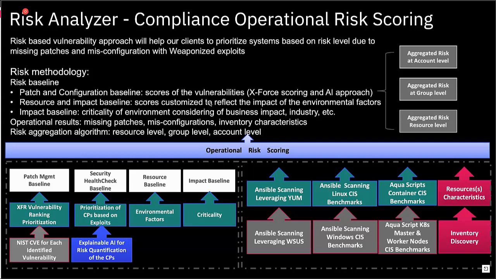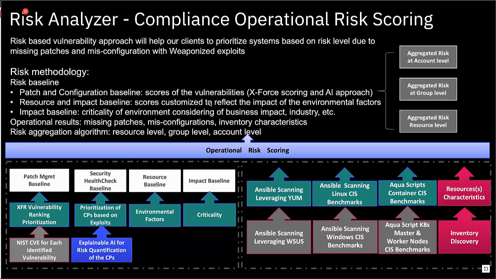So we reflect those in the calculation. The last one is the impact baseline. This really focuses on business criticality. If this is a production application that is a crown jewel for my business, the risk level may be high if there is a vulnerability or non-compliance and so on.